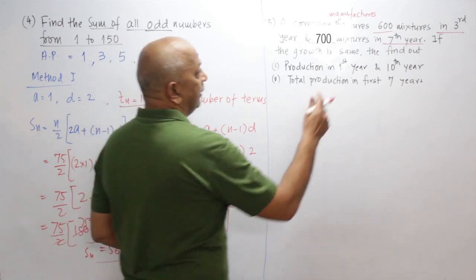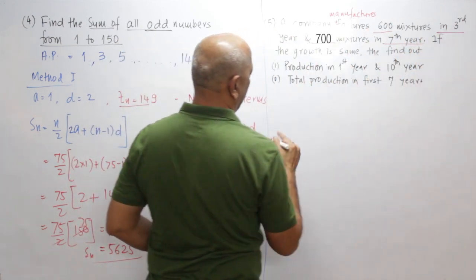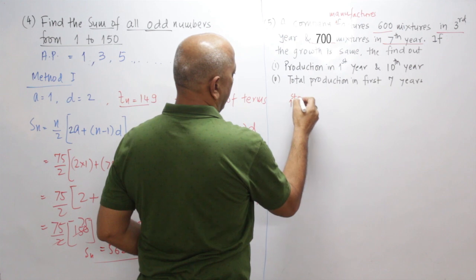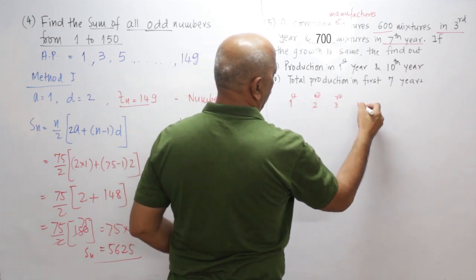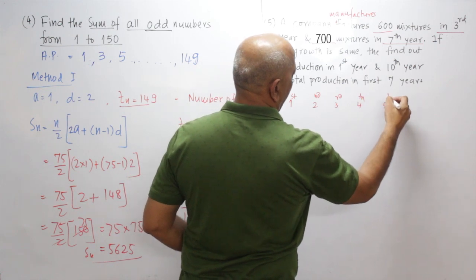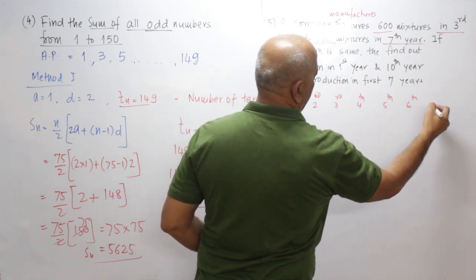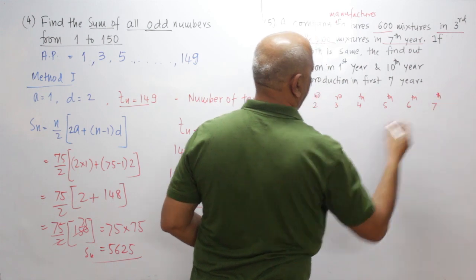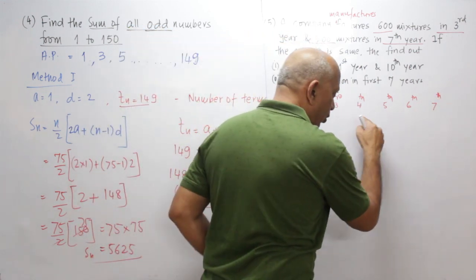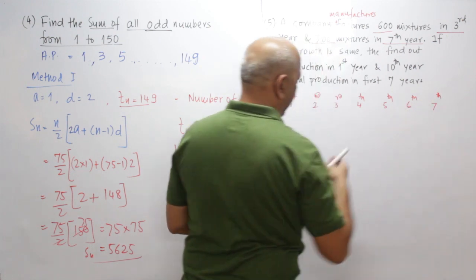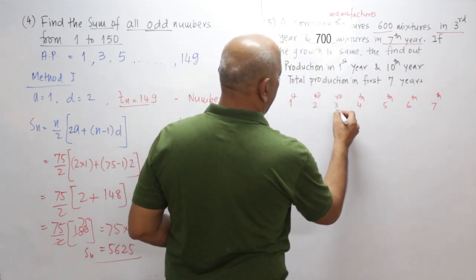So we know that this is the third year. So let us say this is the first year, second year, third year, fourth year, fifth year, sixth year, seventh year, right? So this is the first term, second term, third term, fourth, fifth, sixth and seventh. So how many do they manufacture in the third?